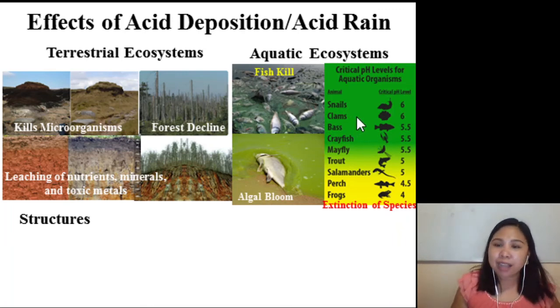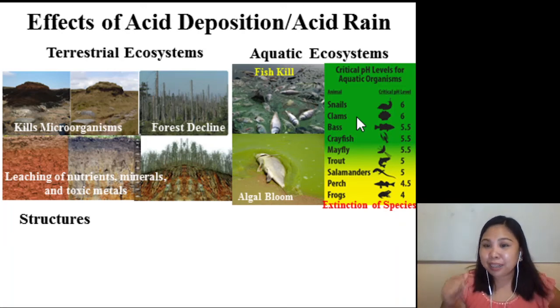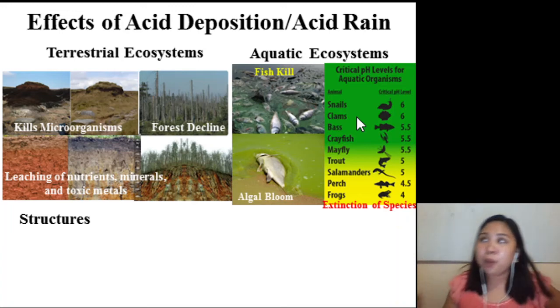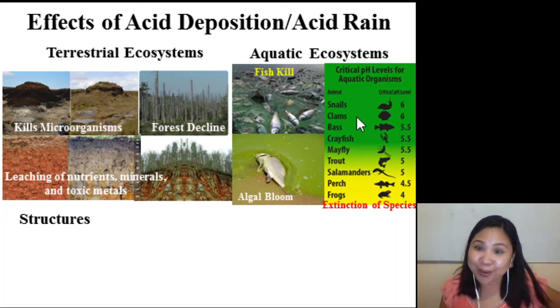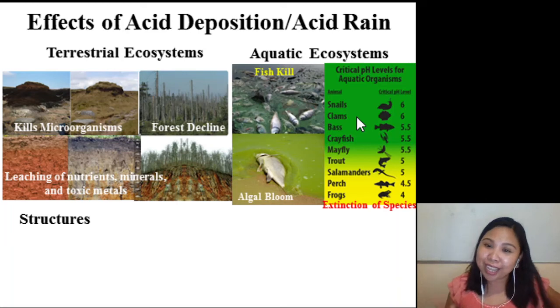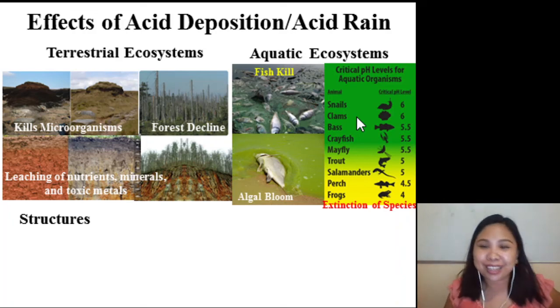Kapag tumaas yung pH ng kanilang habitat, they will be extinct. And remember, kapag nagkaroon ng extinction of species, our food chain and food web will be disturbed. There will be now an imbalance in our ecosystem. That will affect the food shortage level, and then pwedeng mag-lead into hunger, then death. So, domino effect na ulit yun.